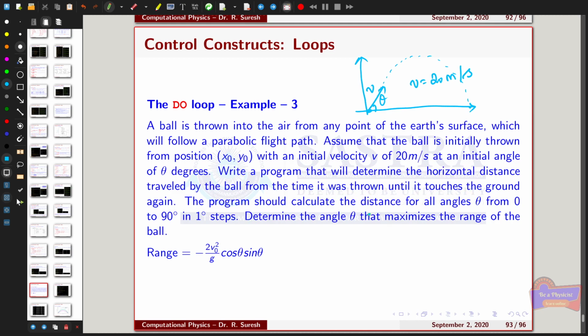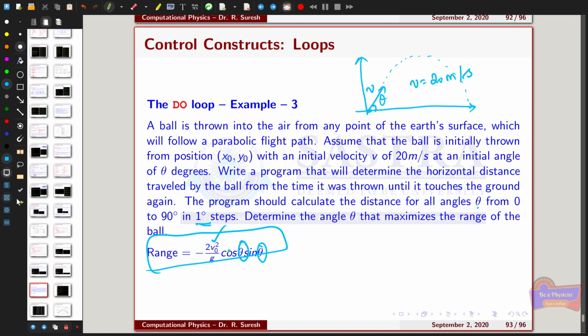The program should calculate the distance for all angles theta from 0 to 90 with an increment of 1 degree. You have to determine the angle theta that gives the maximum range of the ball. So this is the formula you have to use: you know the range equation is minus 2 v0 square divided by g, cos theta into sin theta.